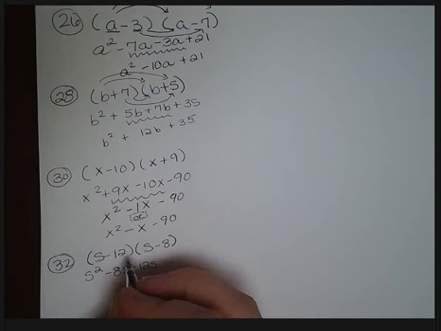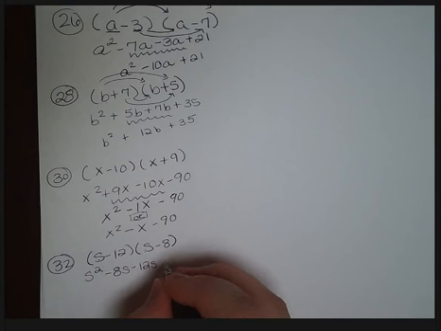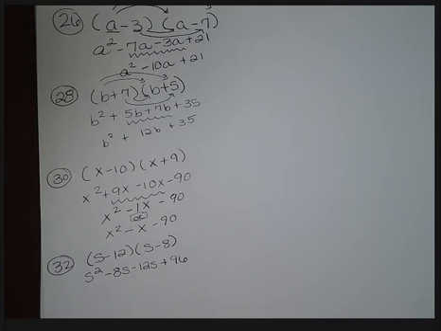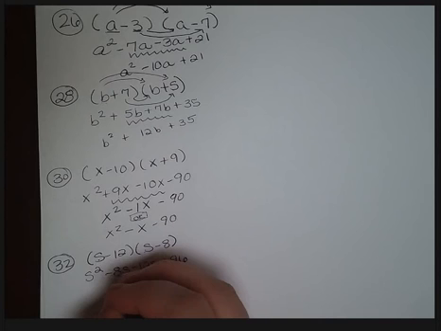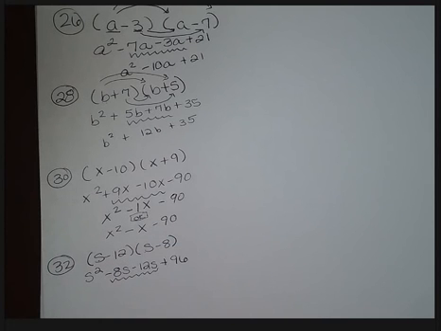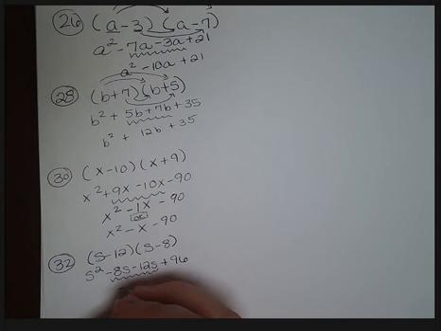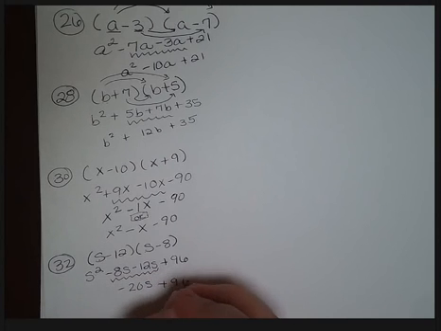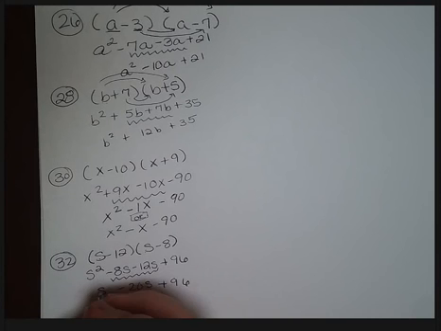And then negative 12 times negative 8 is a positive 96. Then you're going to combine those like terms. Negative 8s minus 12s is going to give you a negative 20s. And bring everything else down.